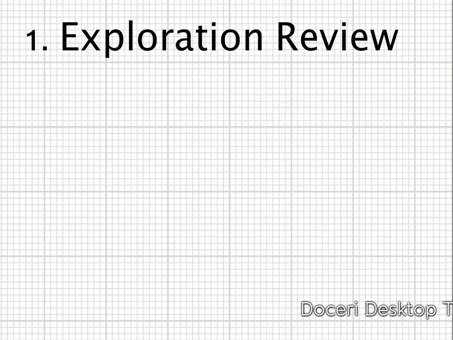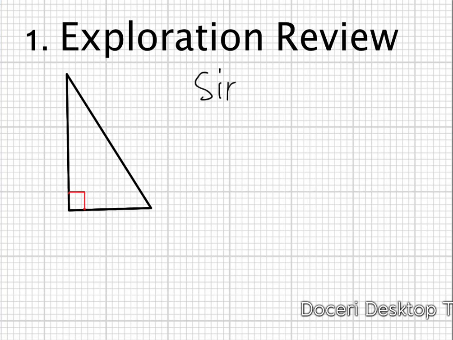So our next ratio would be the sine ratio. Again, we have a right triangle. Sine is spelled S-I-N-E, and it's pronounced sine, not sin. Okay, it's not sin, it's sine.